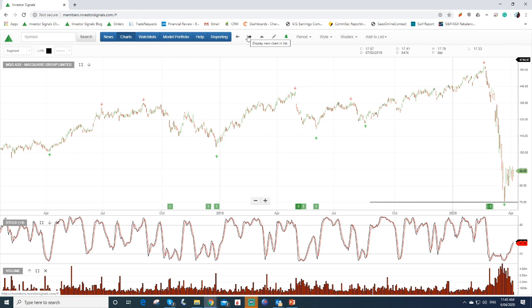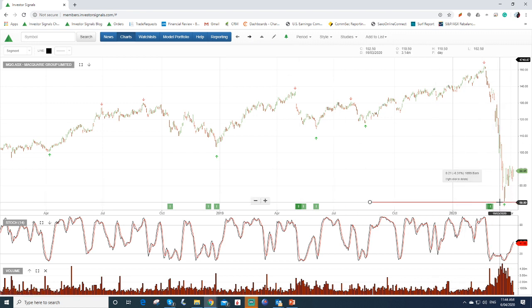Within the financial services space, the name we like, Macquarie, is at the top of that list. The names that we're cautious on are the big four banks, so NAB and ANZ, Suncorp, and I'll get to those as we move through these, but in particular ANZ and Suncorp we're cautious on.